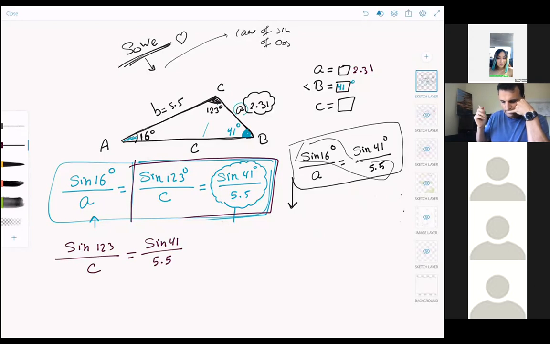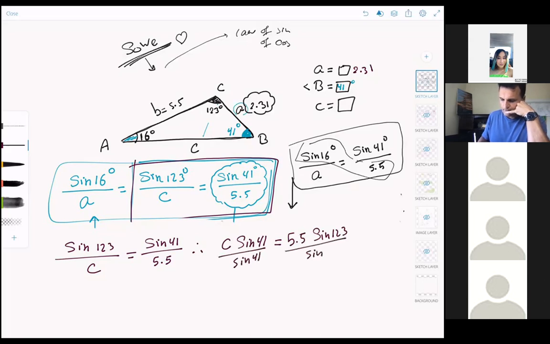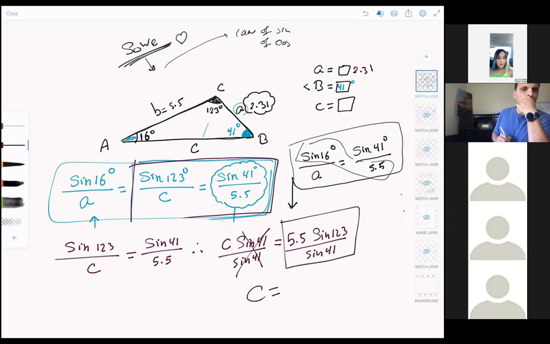to see my hand. So now I'm going to cross multiply: C sine of 41 equal to 5.5 sine of 123, divided by sine of 41. Our C will be this, which is 7.03.